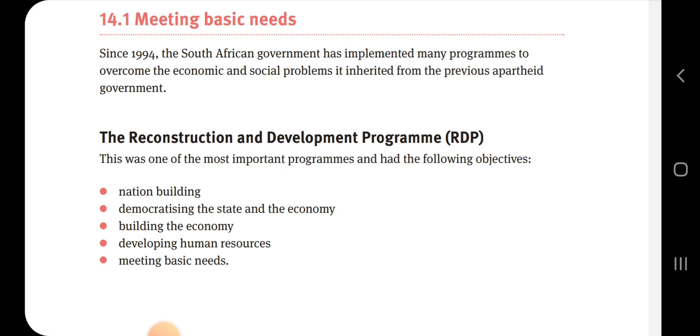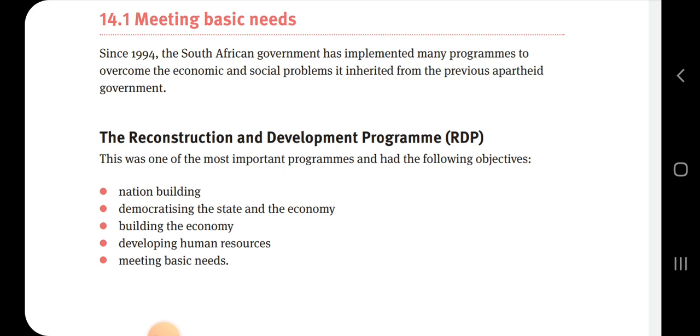So the Reconstruction and Development Program was started so that it can contribute towards nation building, democratizing the state and the economy, building the economy, developing human resources, and meeting basic needs. So that's what the Reconstruction and Development Program was started for.